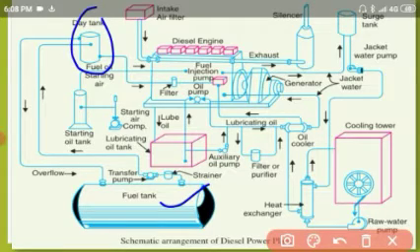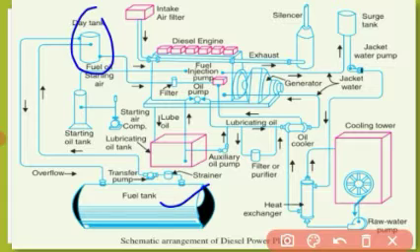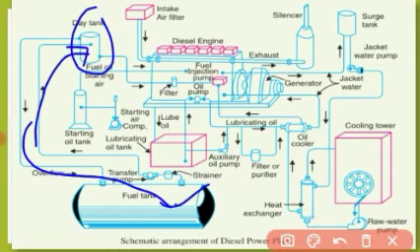The fuel oil is supplied at the plant site by rail or road. This oil is stored in the storage tank. From the storage tank, oil is pumped to a smaller all-day tank at daily or short intervals.